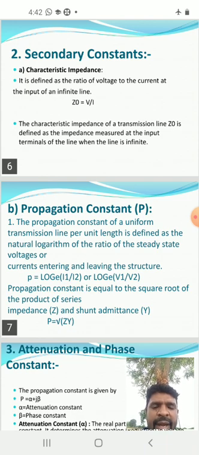That means P equals square root of Z into Y, where Z is series impedance and Y is shunt admittance. The square root of the product of series impedance and shunt admittance is called the propagation constant.